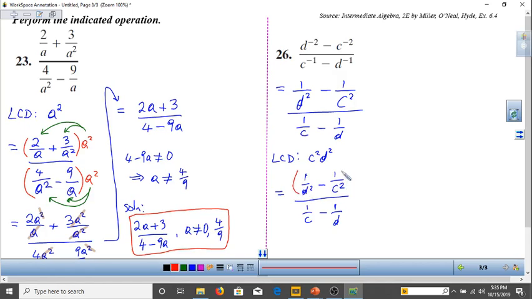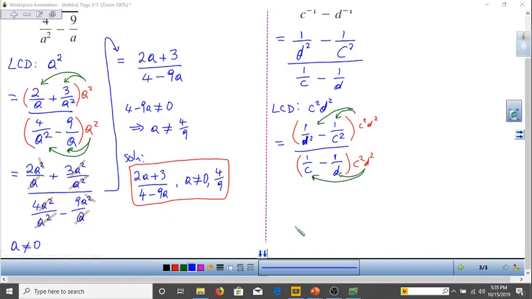And we're going to multiply by the least common multiple of the denominators, which is c squared times d squared. We're going to multiply the numerator and denominator. And in doing that, by the way, it's effectively multiplying by 1, because you're multiplying both the top and the bottom by the same number. So they would, in theory, cancel each other out if we didn't distribute.